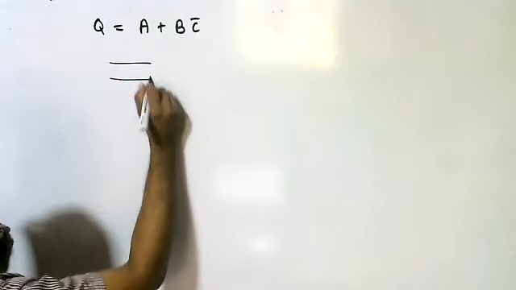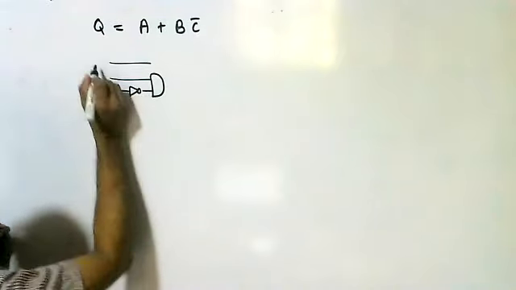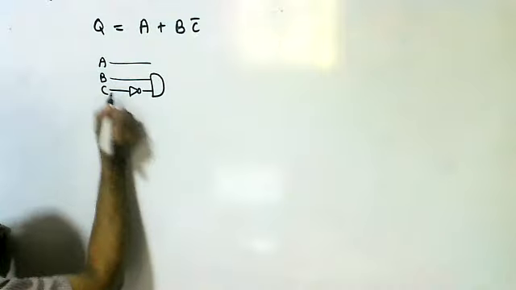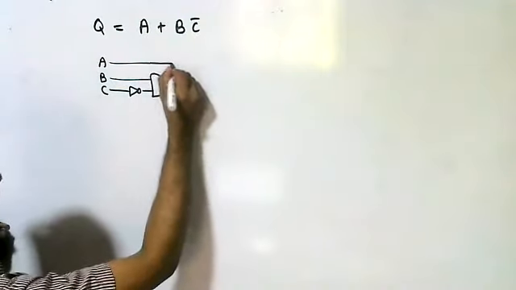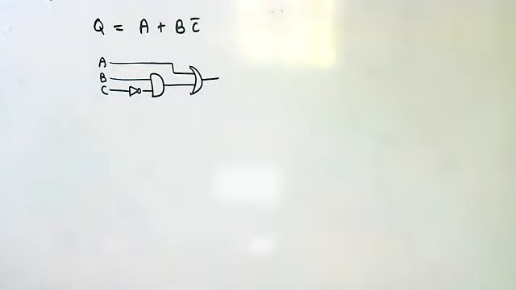Here an AND gate is there, with B and C bar, and this goes through an OR gate. Clear? Or are there any confusions? Earlier also we got A plus BC bar, isn't it?